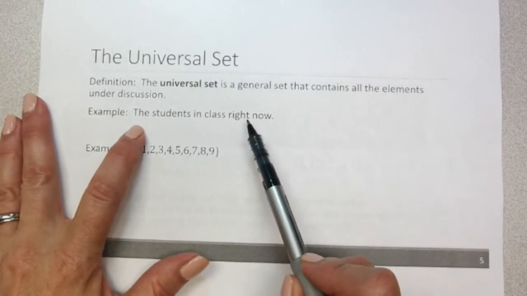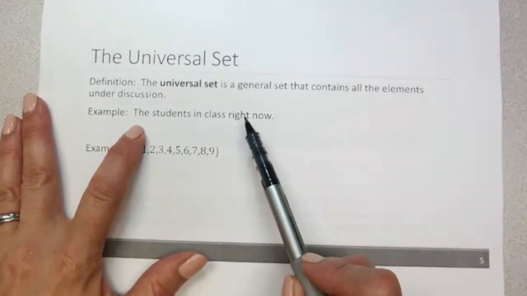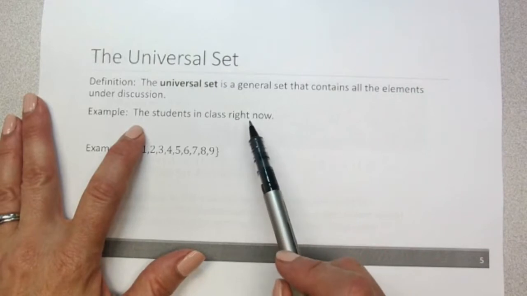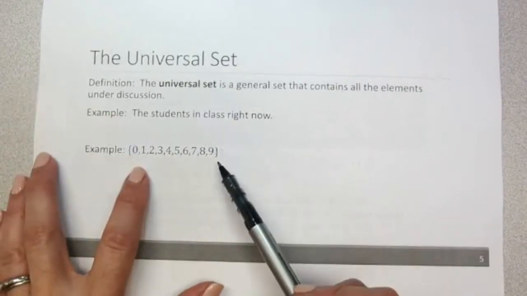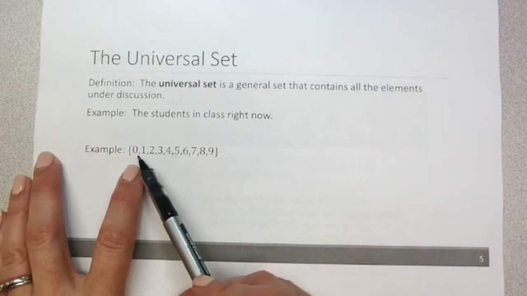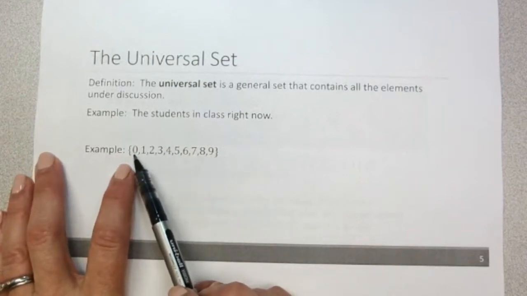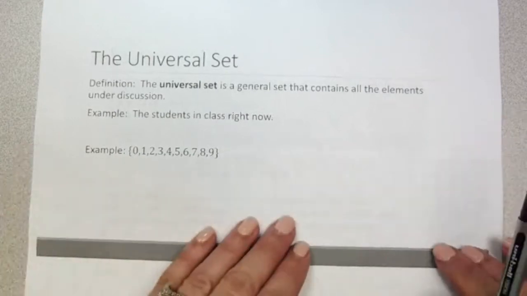We could say I'm interested in just the students that wear glasses, or I'm interested in just the students that identify female. Another example, more mathematical in nature, would be, in roster method, the whole numbers, including 0, up until 9. Okay? A couple of examples of the universal set.